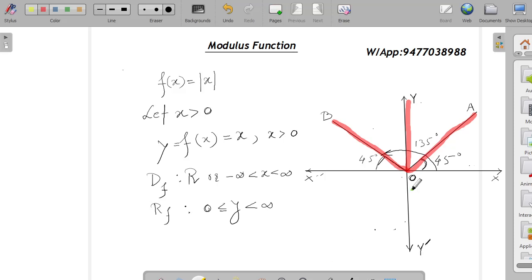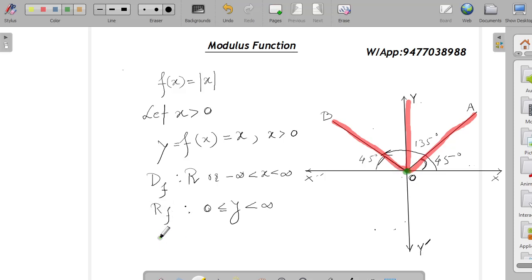But at x equals 0, we could see that there is a sharp corner. Definitely there is a sharp corner.